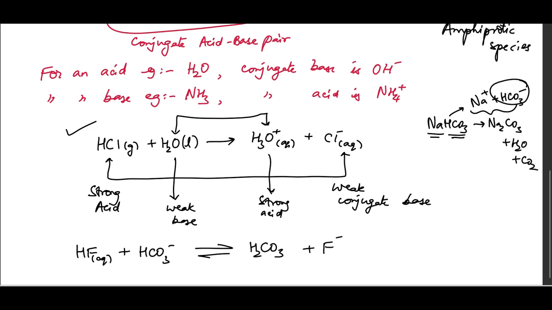All these are aqueous, so I will mark them as aq. Now in this case, HCO3 minus has taken a proton, so it's a base, but it's a weak base, because it's not stable, as we discussed here. Similarly, HF is a strong acid, so F minus, its conjugate base, is a weak base.